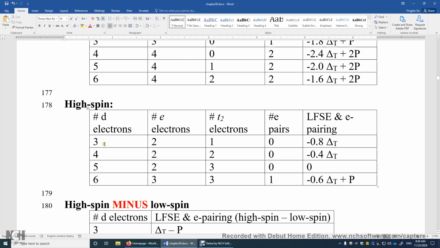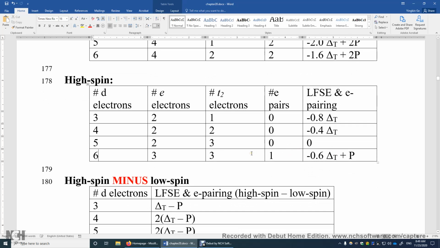And in this high spin scenario, I don't think we need to pair up electrons. In the high spin electronic state, if you have 5 or fewer electrons, each of them can occupy a different orbital. Over here, you have 6 electrons, so inevitably you'll have to pair up 2 electrons in the lower energy E orbital. That's why you have 1P here.